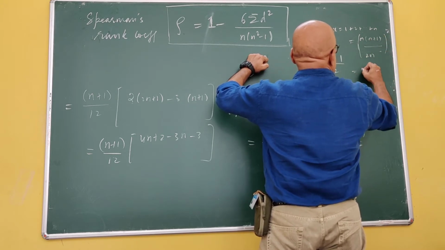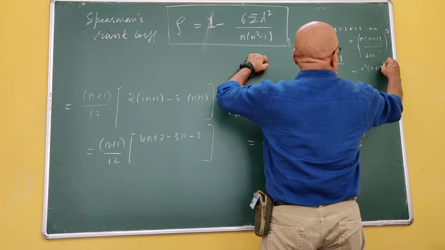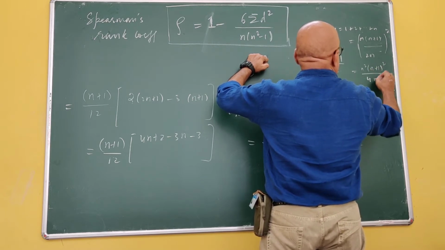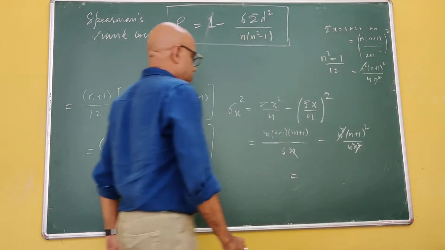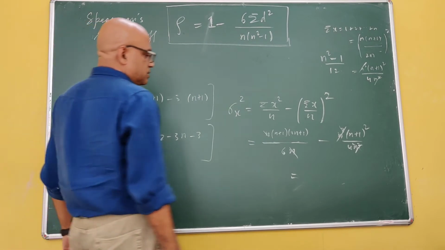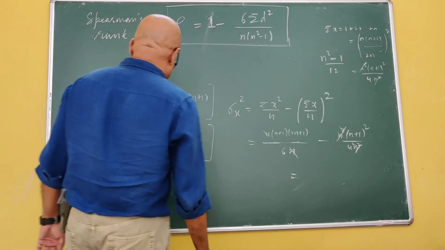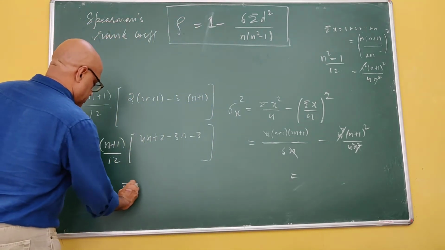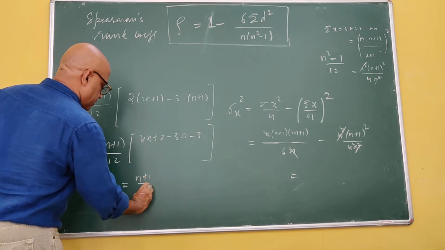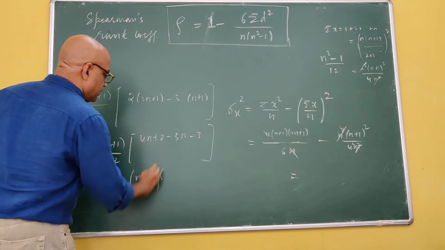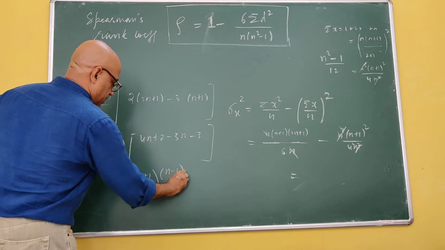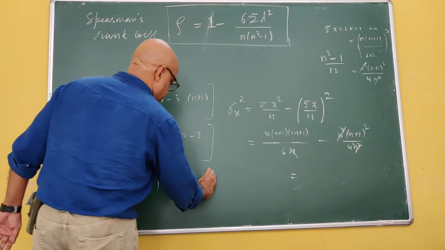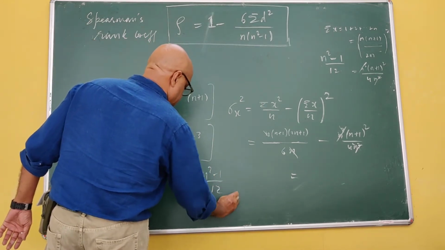So that becomes n squared, n plus 1 squared divided by 4, and n squared is gone. Now that is a mistake I made. Okay. So what happens now is this is what you get, and this becomes actually n plus 1 divided by 12 into n minus 1, and n plus 1 into n minus 1 is n squared minus 1 divided by 12.